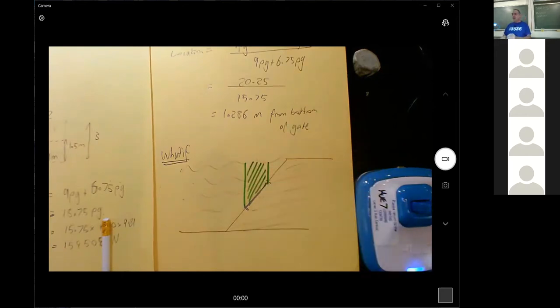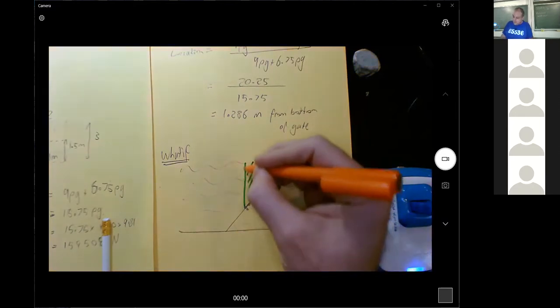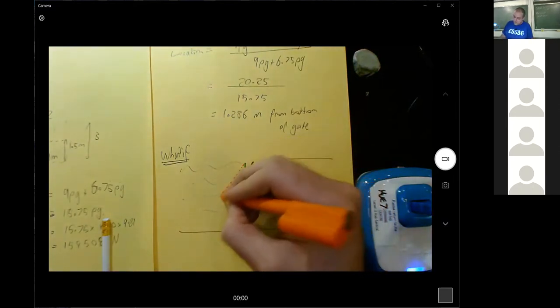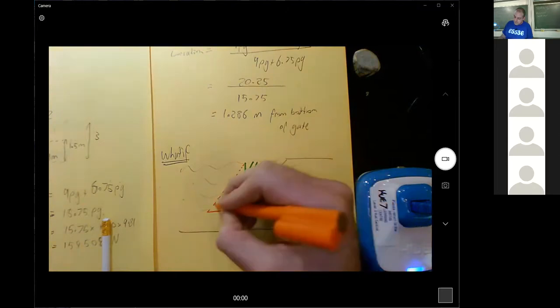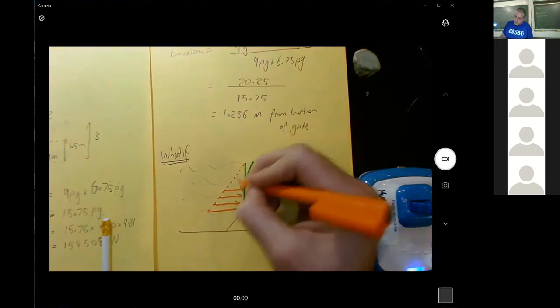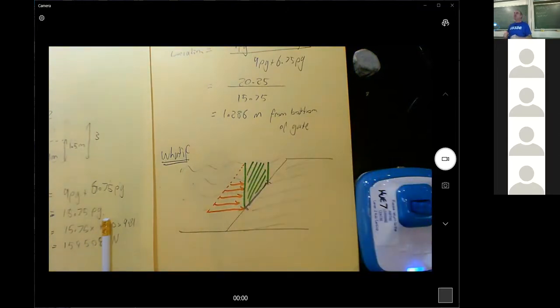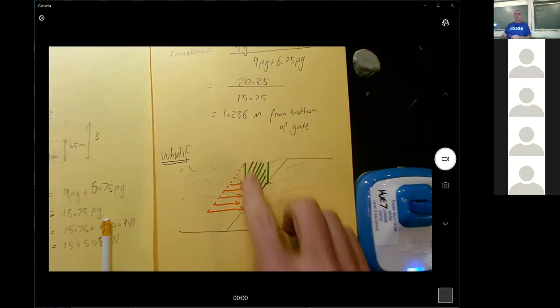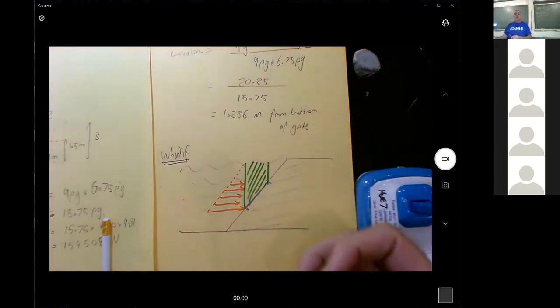And there is also a certain amount of pressure pushing sideways on it. And those two things are what I'm going to have to combine to figure out the total force. So this area would have to be figured out as a literal area and then times by the length inwards, and that would produce a volume.